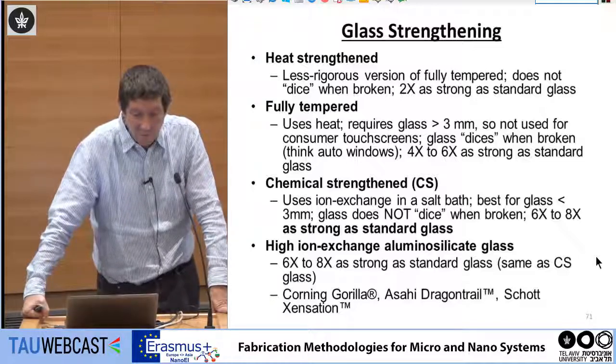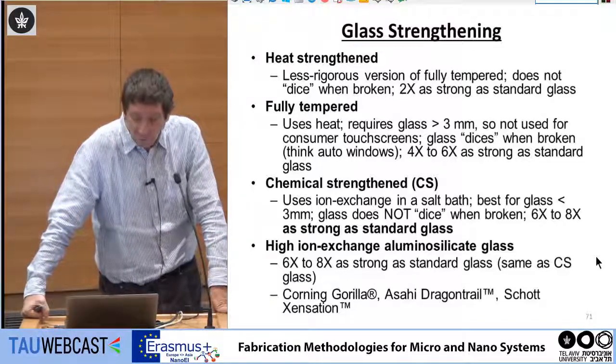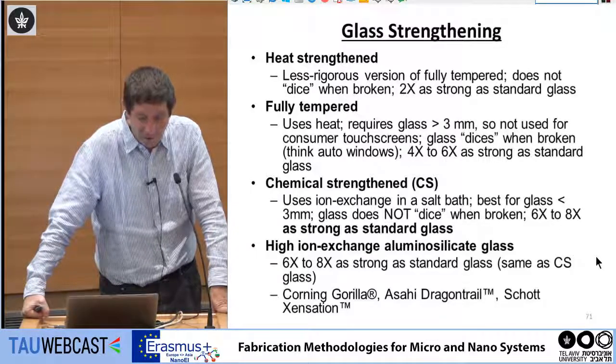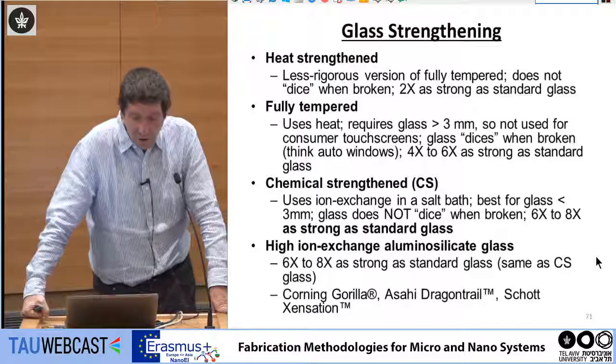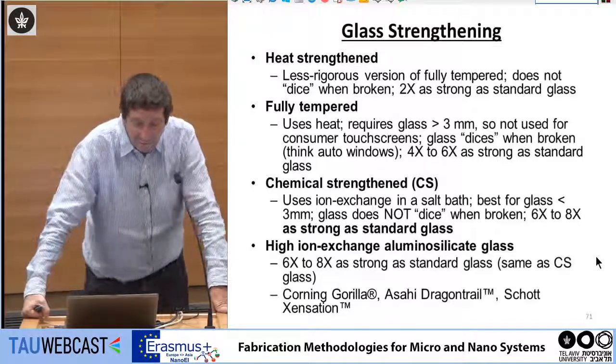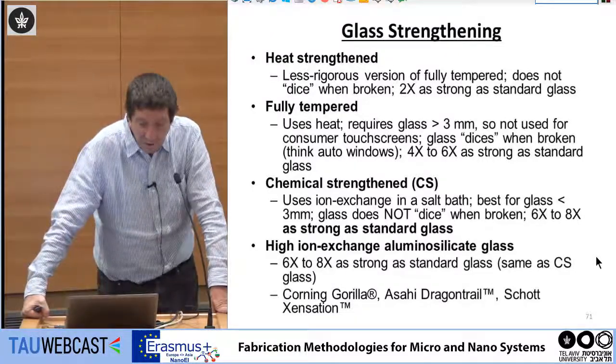And then you have chemical strengthening using ion exchange in a salt bath, best for thick glass, less for thin glass. Glass does not dice when broken. It's 6 to 8 times as strong as standard glass. And high ion exchange aluminosilicate glass, this is what we call Gorilla Glass.